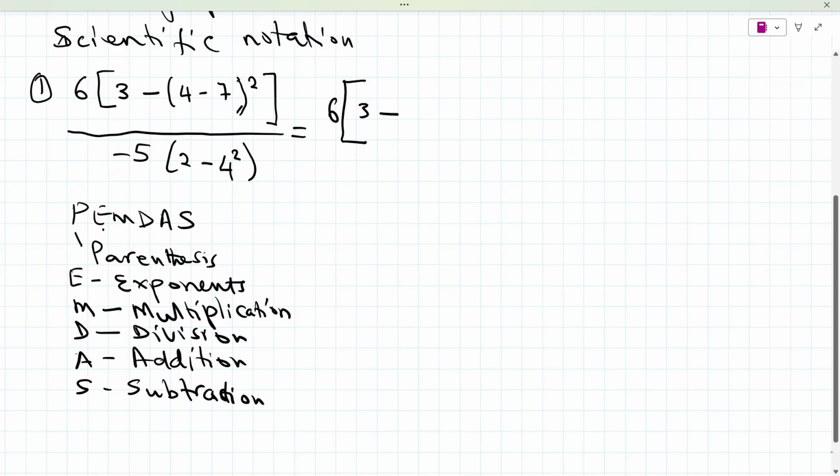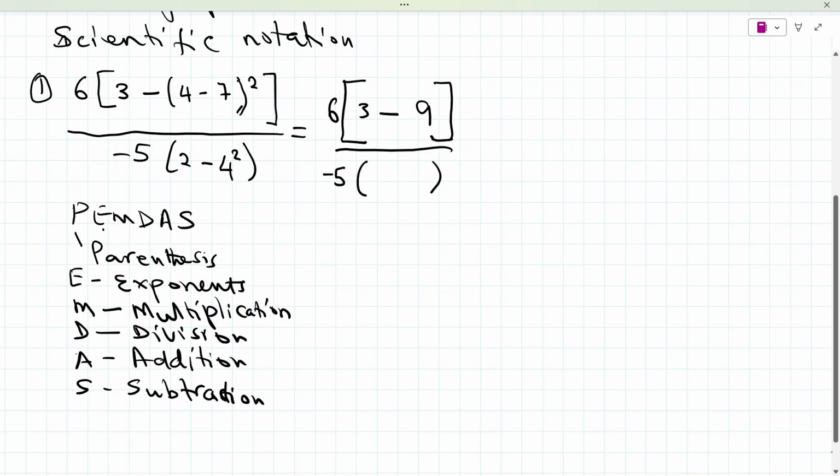Minus 3 squared is minus 3 times minus 3, which will give us positive 9. So it will be 3 minus positive 9, put in the square brackets. And this is divided by minus 5 times, we need to solve what's within these parentheses.